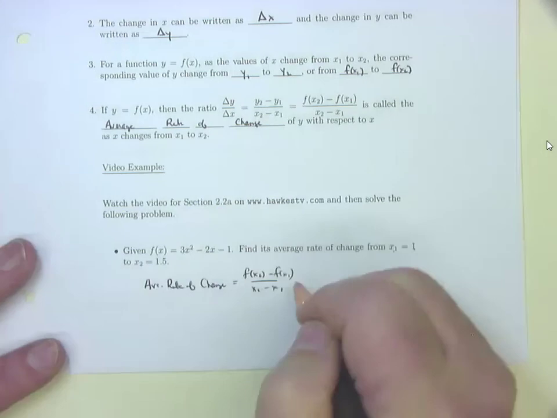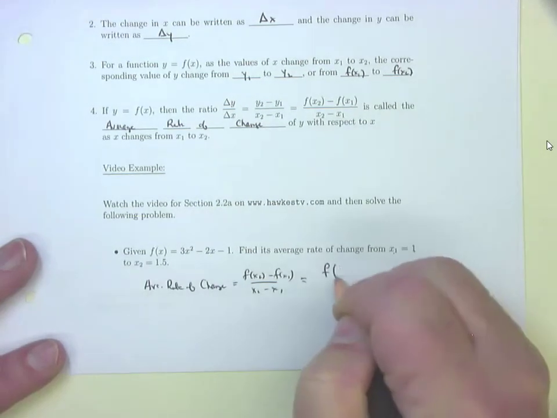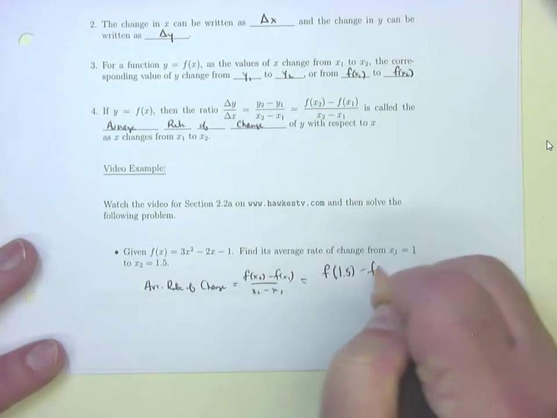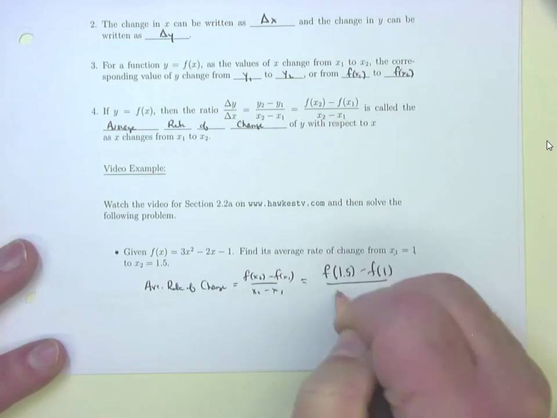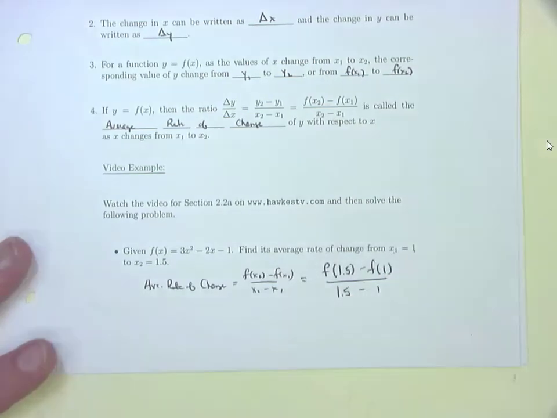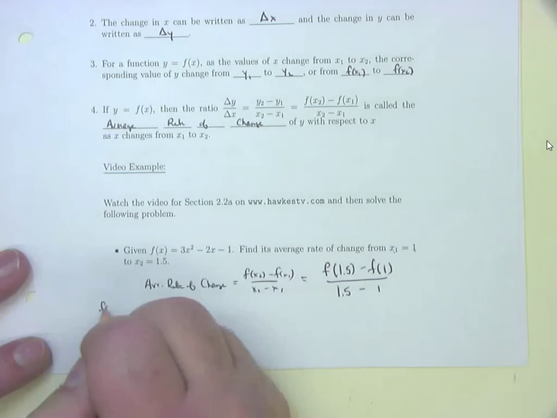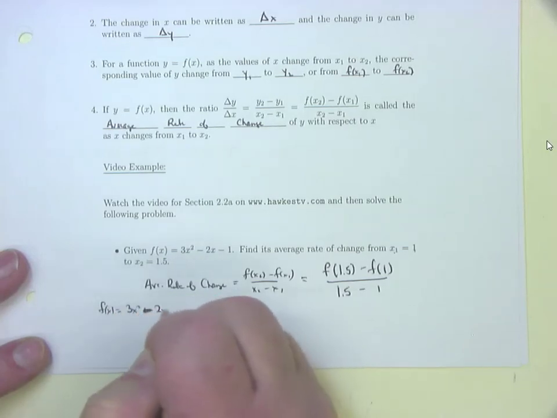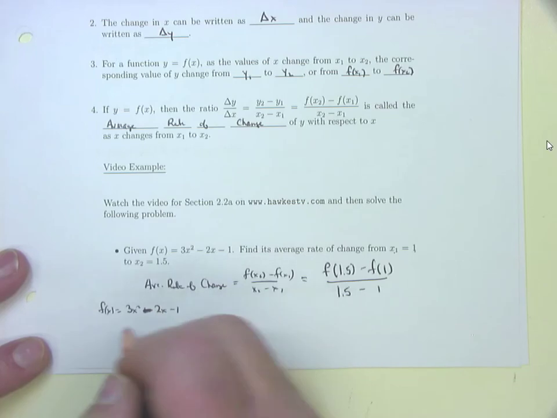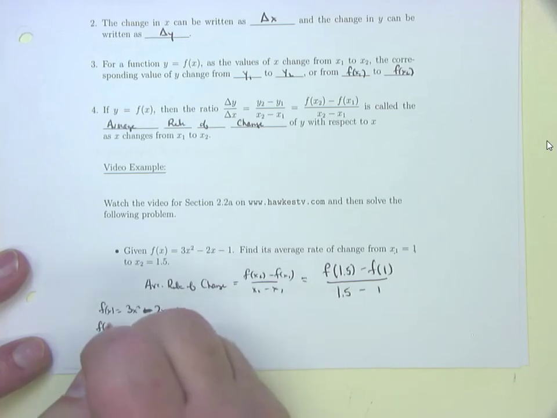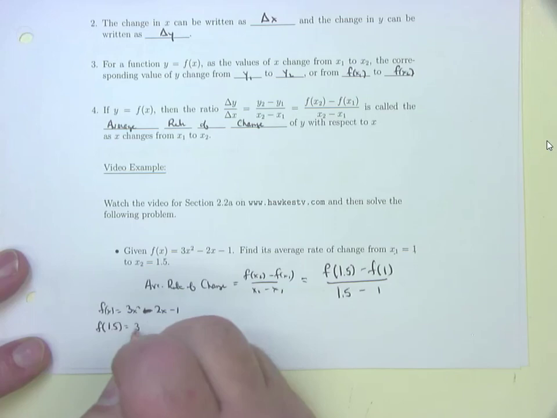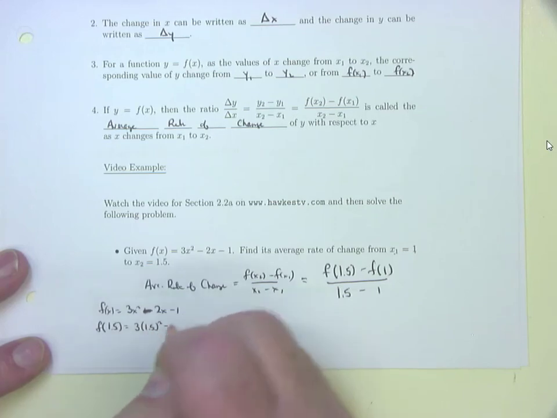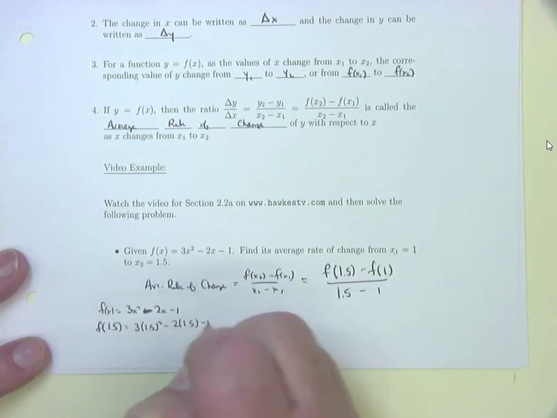So officially this would be f of x2, which is 1.5, minus f of x1, which is 1, over 1.5 minus 1. Now, f of x was given to be 3x squared minus 2x minus 1. What is f of 1.5 going to be? That'll be 3 times 1.5 squared minus 2 times 1.5 minus 1.